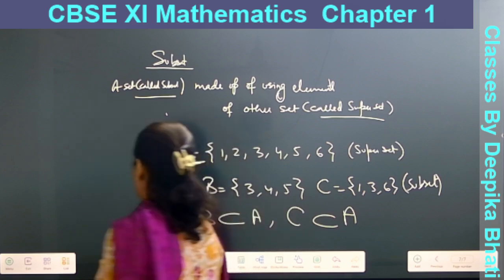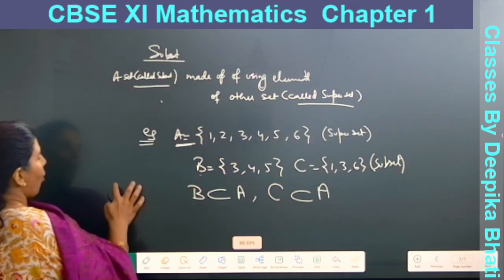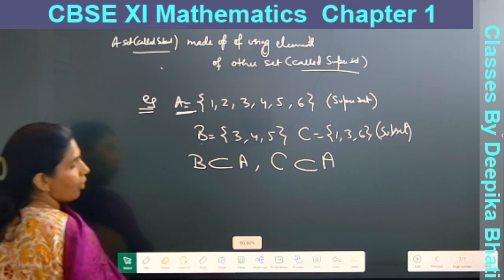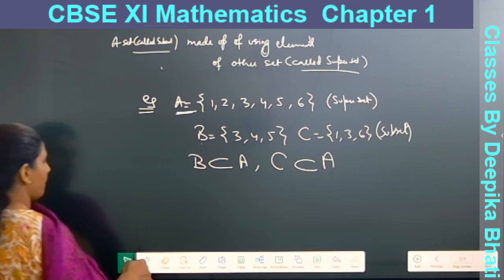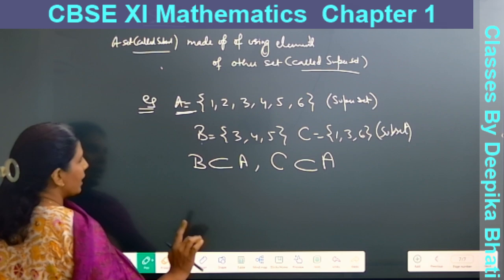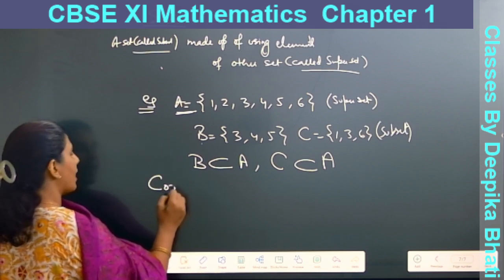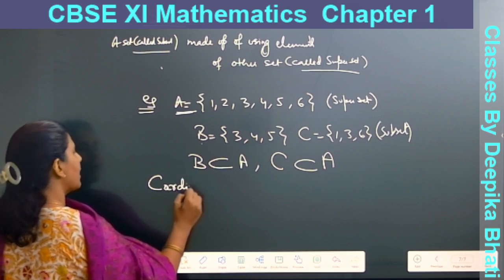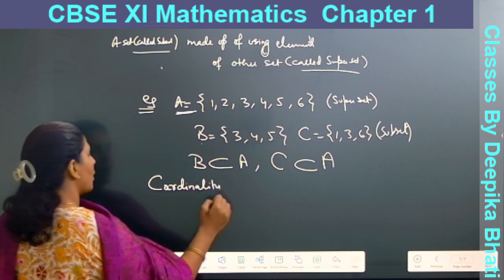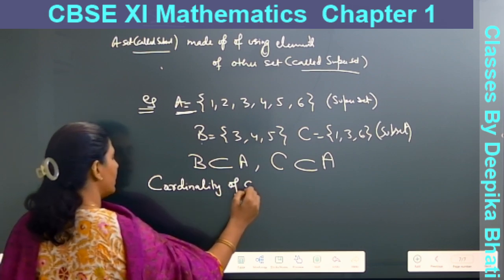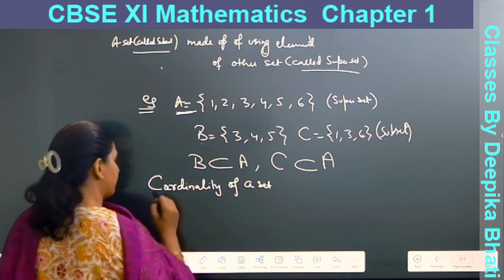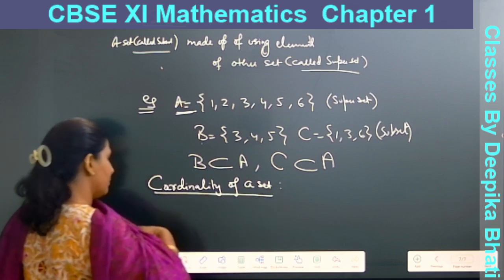If I go further about subsets, how many subsets can we form from a set? Let me tell you one more thing before coming forward: the cardinality of a set. What do we understand by cardinality? A number expressing quantity.